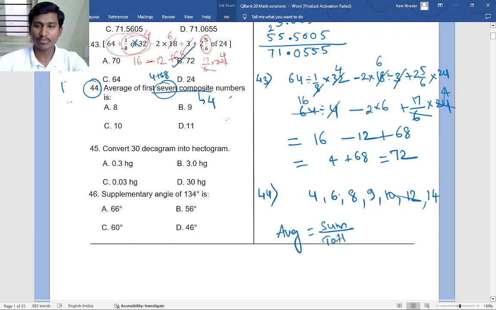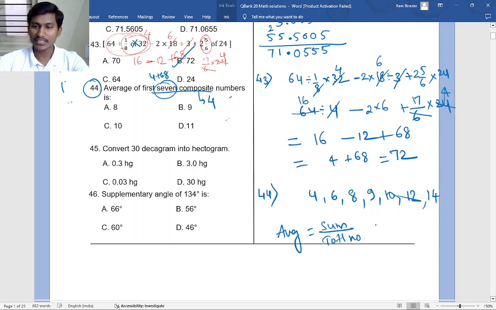So sum. 4 plus 6 is how much? That is 10. 10 plus 8 is 18. 18 plus 9 is how much? 27. 27 plus 10, 37, right? So 37 plus 12, 49. 49 plus 14. So 49 plus 1, 50. 13 will be remaining.